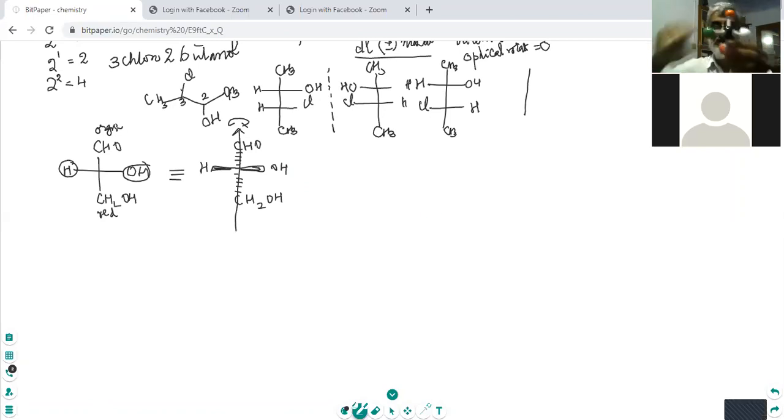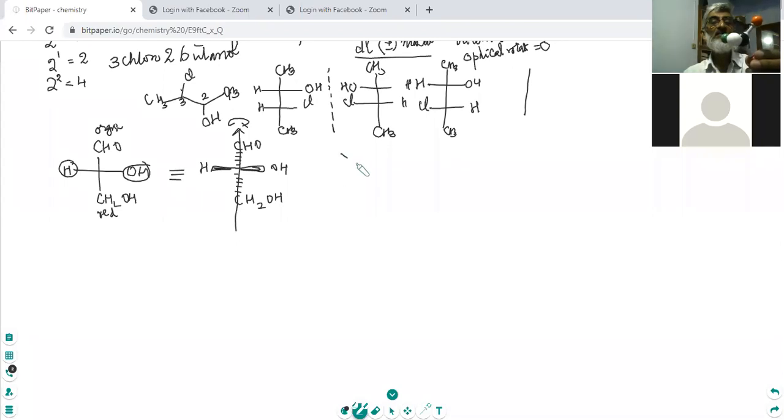Now see. Let me rotate it. I have rotated 90-degree clockwise. Now draw this figure. How will it look like?